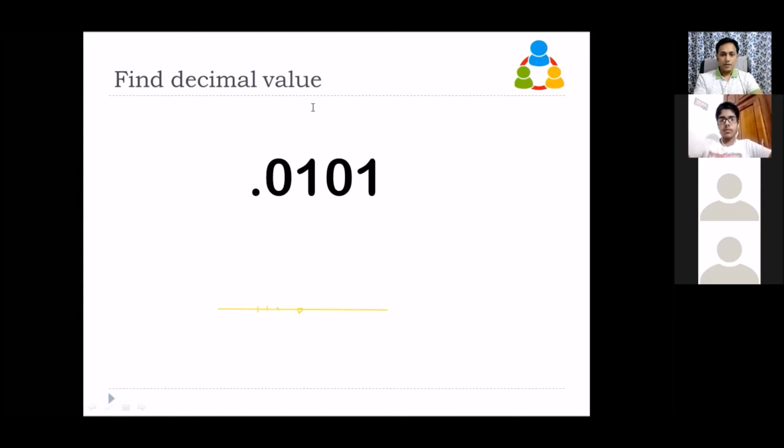Let us assume this point is 0 point something. So we will mark a line. Let us assume this is 0 and this is 1. What is this first point? This is 1 by 2. You are dividing this into half, so this position is 1 by 2, right?